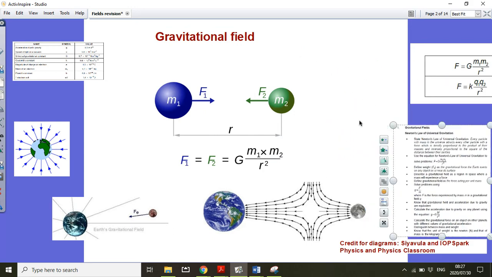Now, you've done this in detail in class, but if you look at the equation, you can see there are two masses. So a force is always between two objects, and you must remember Newton's third law. The force of mass 1 on mass 2 is equal to the force of mass 2 on mass 1.